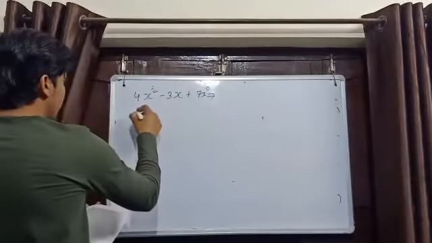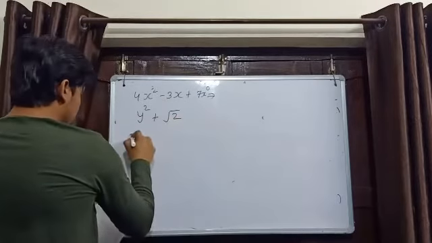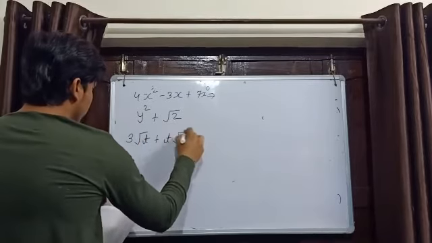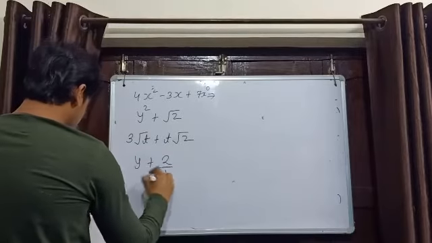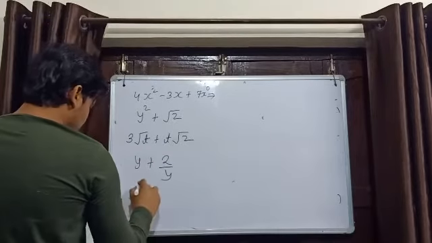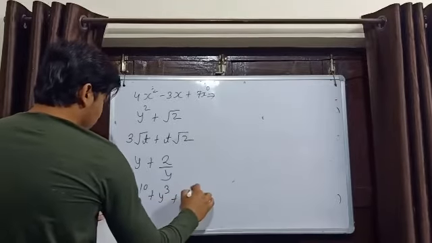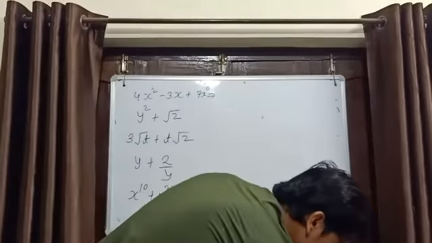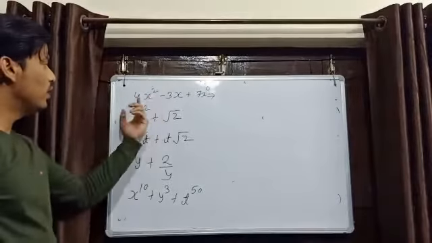Second is y square plus root 2. Third is 3 root t plus t root 2. Fourth is y plus 2 upon y. And the fifth is x power 10 plus y power 3 plus t power 50. First expression: yes, it is a polynomial in one variable.